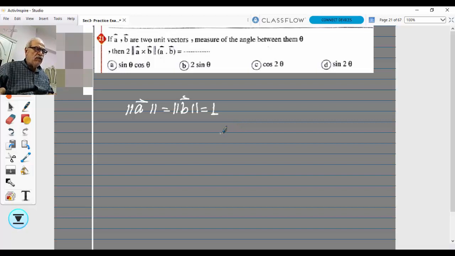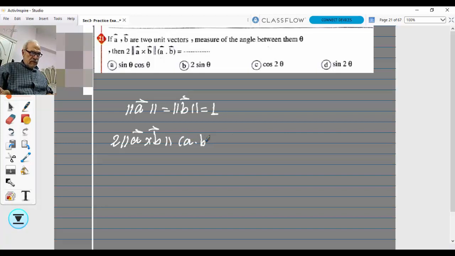Then 2 times the norm of A cross B times A dot B. Here we have the vector product, and here we have the dot product. So the result equals 2.